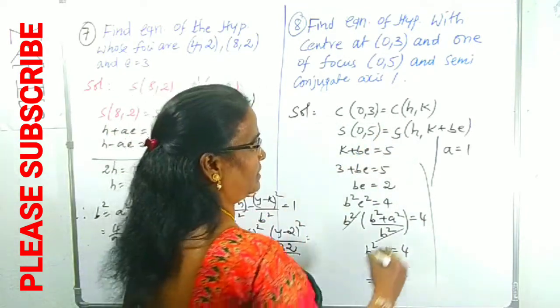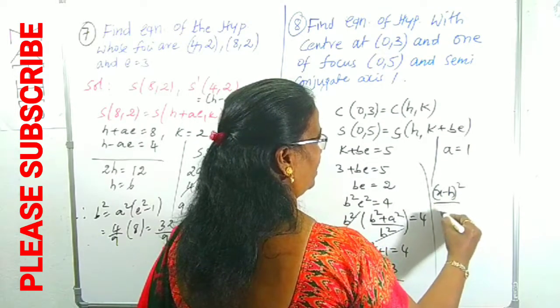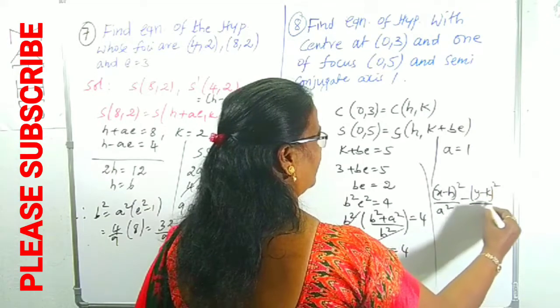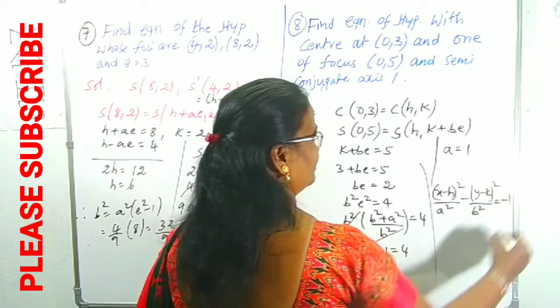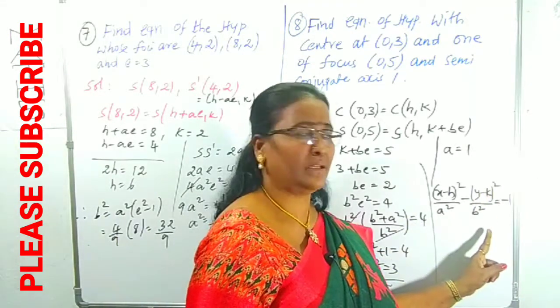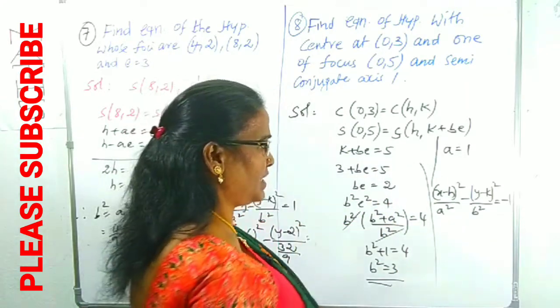What is the hyperbola? (x minus h) whole square by a square minus (y minus k) whole square by b square equals minus 1. Maybe we can rewrite this as (y minus k) whole square by b square minus (x minus h) whole square by a square is equal to 1 also.